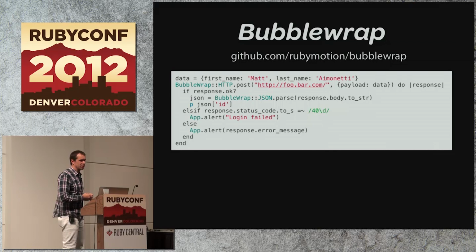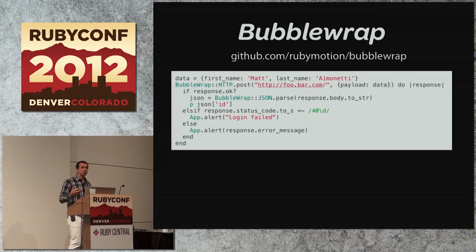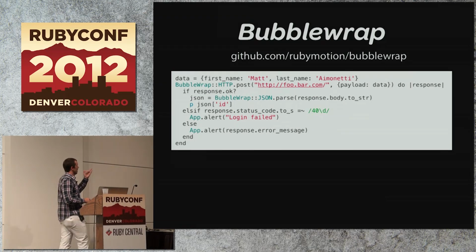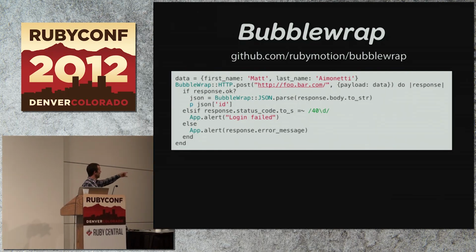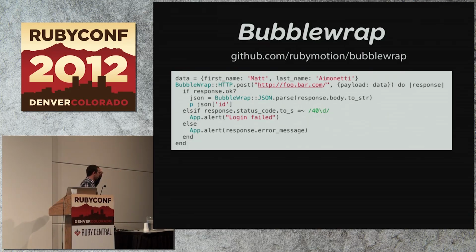Matt Aimonetti started a project called BubbleWrap, probably one of the most used abstraction libraries that's out there right now. It wraps network access. So look at this. HTTP post, so I'm posting payload data out, and it's just a hash. Now, that hash, by the way, is an NSMutableDictionary. You do open curly brace, key value, that's a hash.